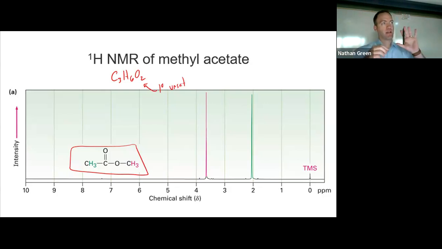So as far as my NMR is concerned, it looks down there and goes, whoa, guys, there's 3 protons, but they're going crazy. It can't distinguish any of these. They're identical. So 1 peak for the signal in red, 1 peak for the signal in green. The signal in green is more electron rich because it's further from the oxygens. The signal in red is less electron rich because it's closer to the oxygens.